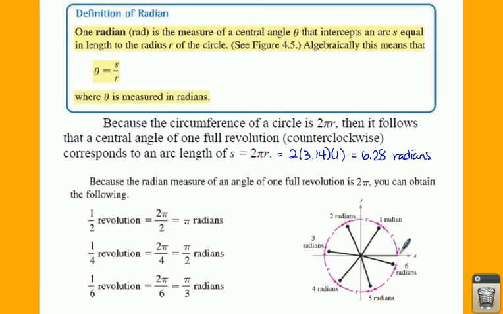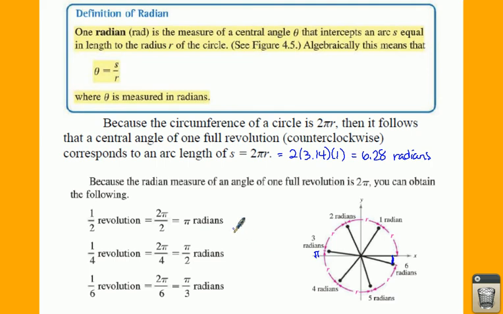So when you go around your circle, 1 radian, 2 radians, 3 radians, 4 radians. Notice at 3 you're almost at pi, and we know pi is 3.14, so that's the 0.14 right there. We keep going, 4 radians, 5 radians, 6 radians. This leftover is your 0.28 radians.